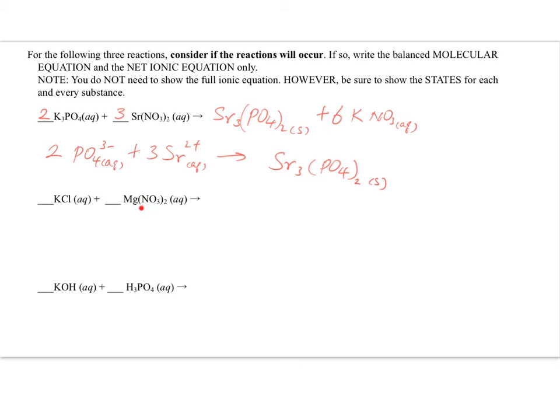Nothing will precipitate with nitrate. And most of the ionic compounds with chloride are soluble unless with 3 metals: silver, lead, and mercury(I). And we have the magnesium 2+ here. So do we have any precipitate? The answer is no.